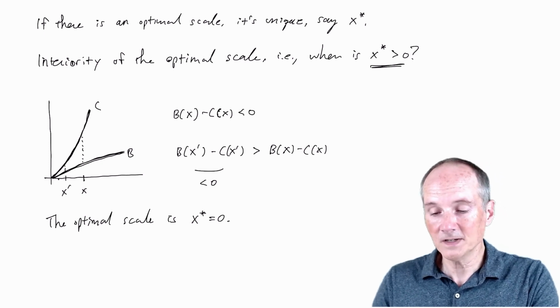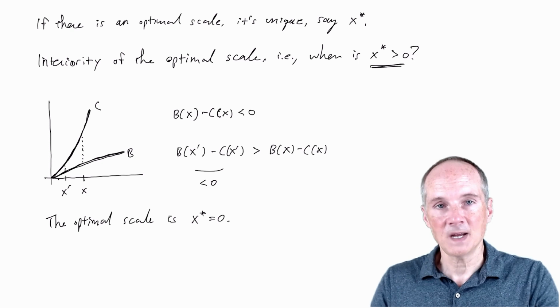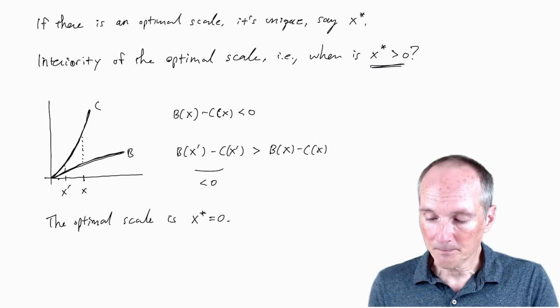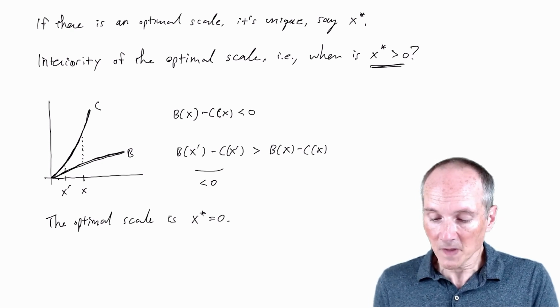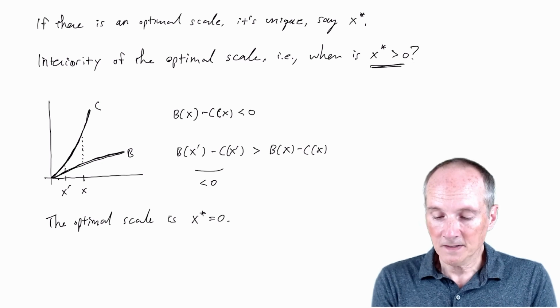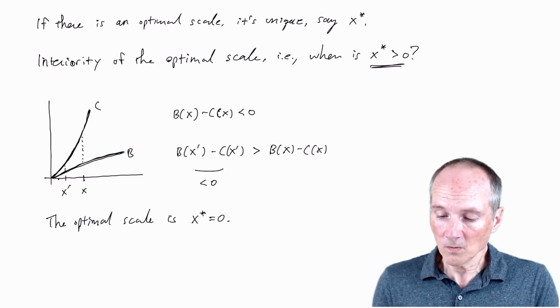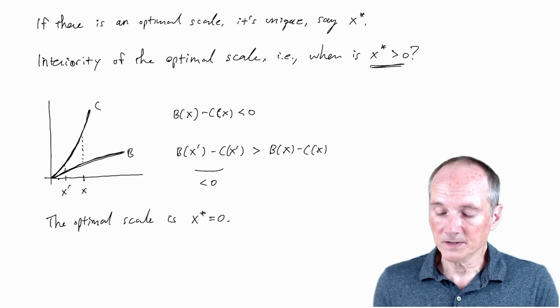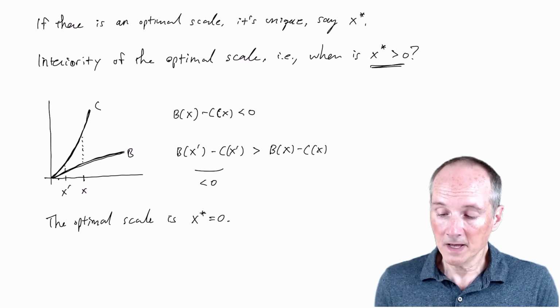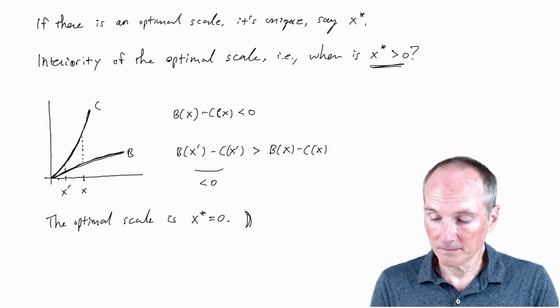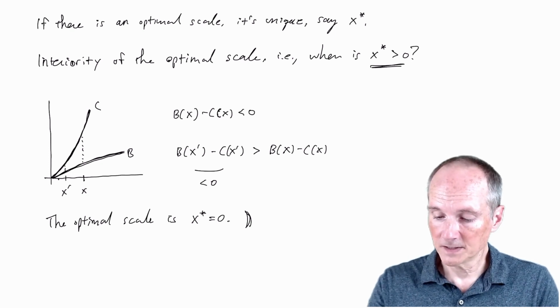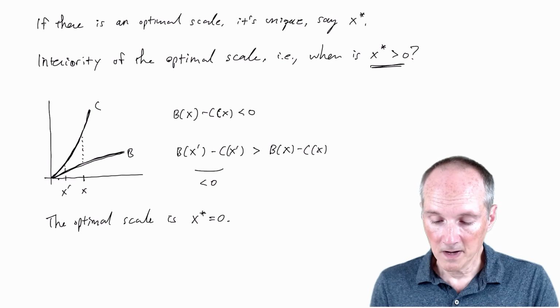And so we want to be able to separate these two situations. So the question then is, under what conditions, that is, what kind of structure can we impose on the model that will rule out this corner solution and give us a strictly positive optimal scale?